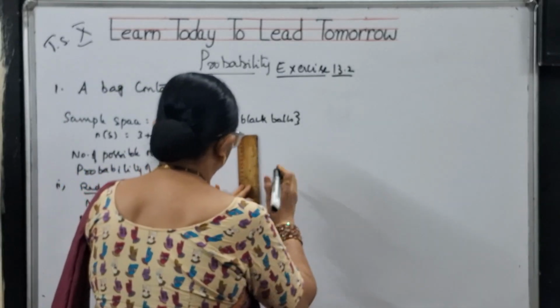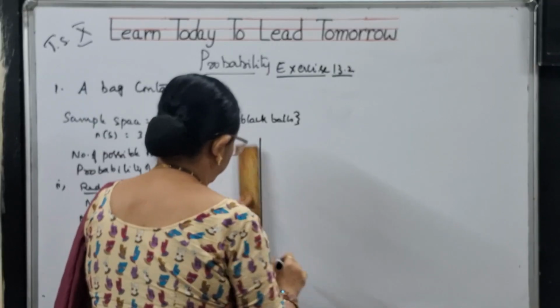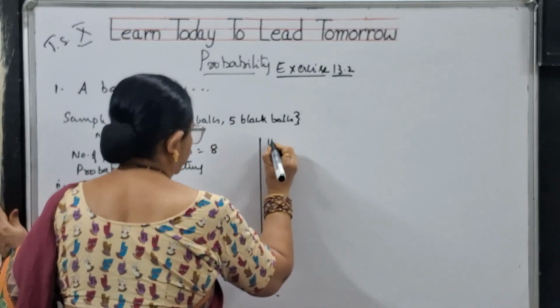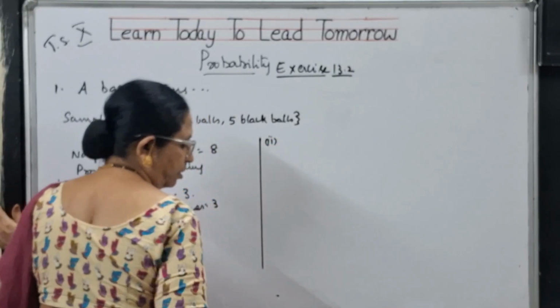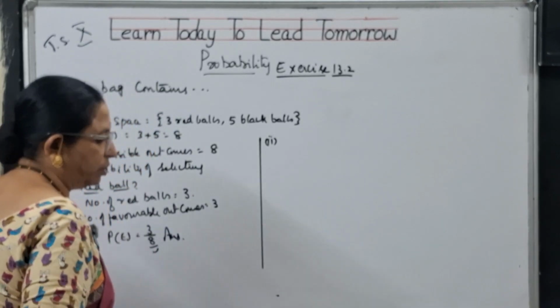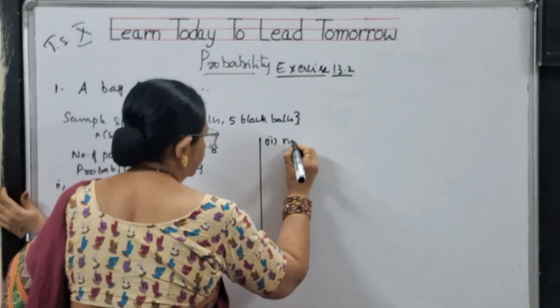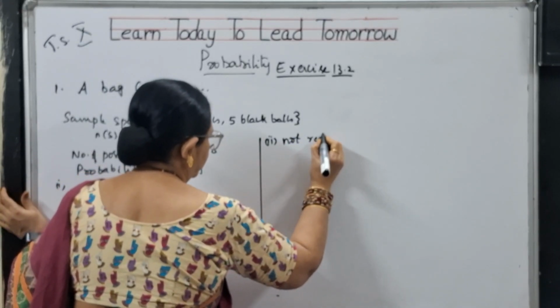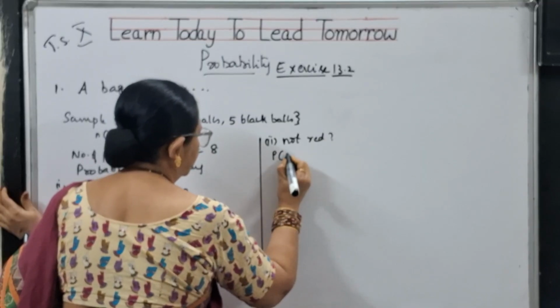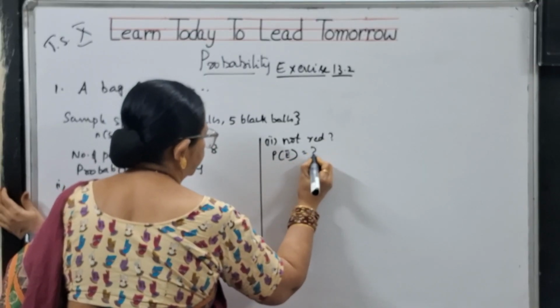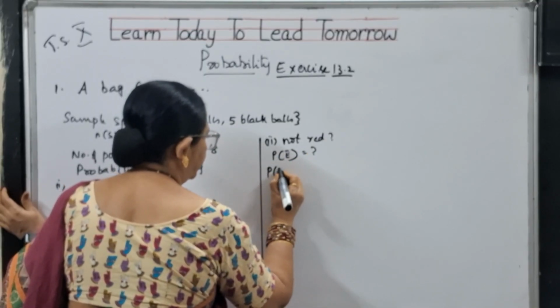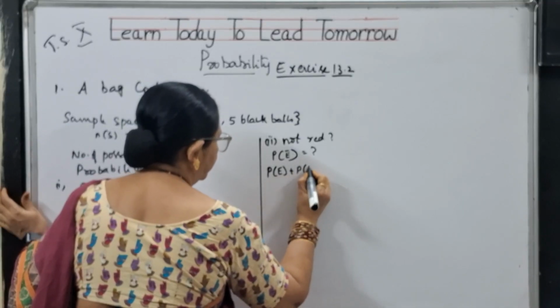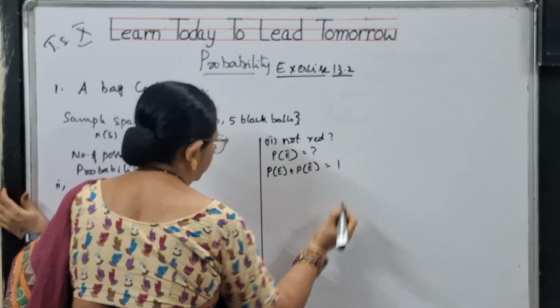Now, let us go to the second one. Second one is probability of not red. Not red means P of E dash is how much? We know that P of E plus P of E dash is equal to 1.